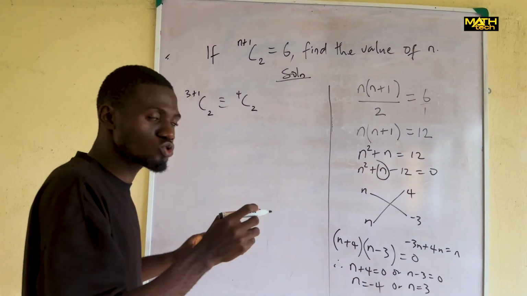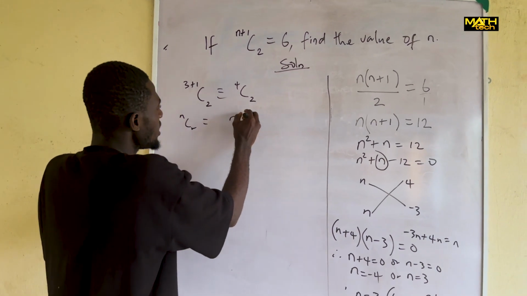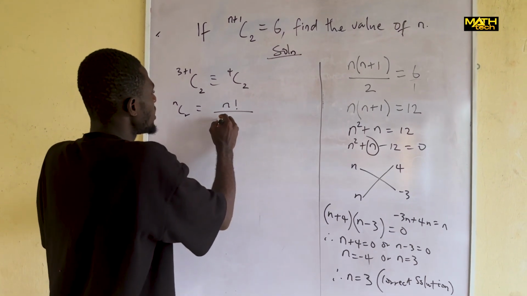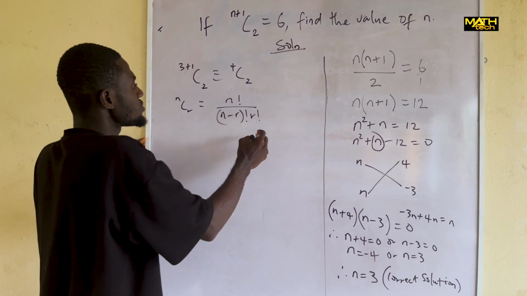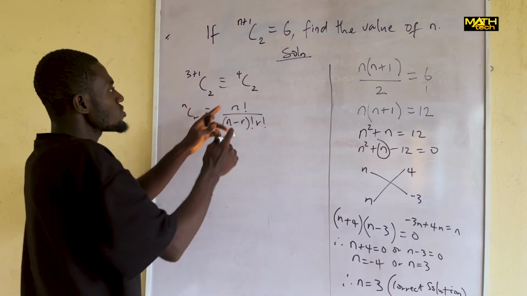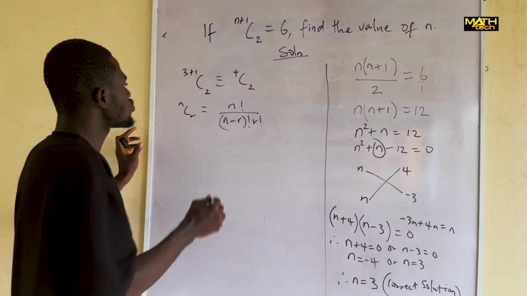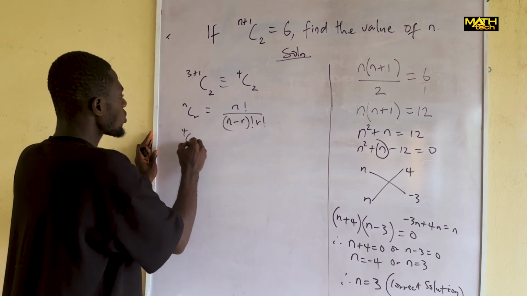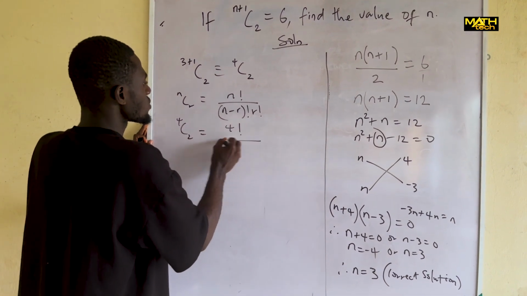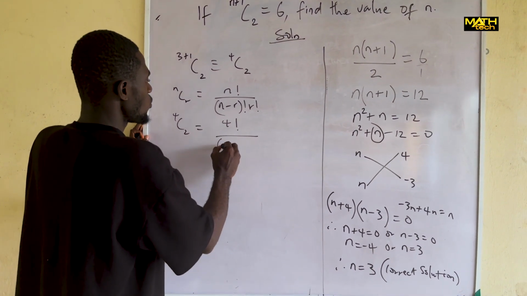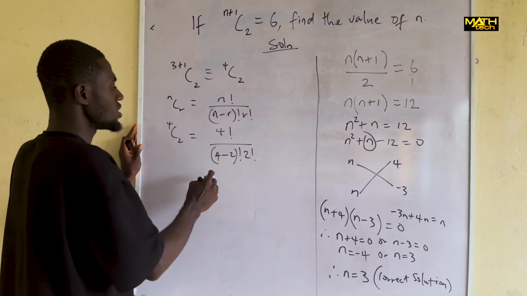So 4 combination 2, don't forget our nCr is equal to what? n factorial all over n minus r bracket factorial, r factorial. So let's substitute. In place of n, you put what? 4, and in place of r, you put what? 2. So 4 combination 2 will be equal to 4 factorial all over 4 minus 2 factorial, 2 factorial.